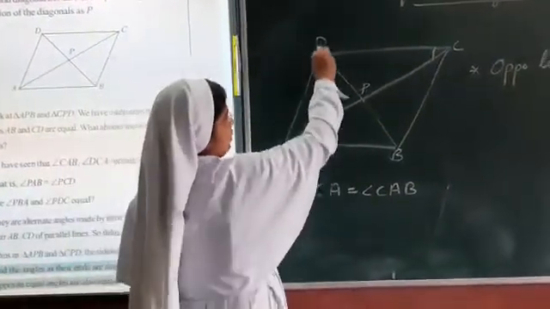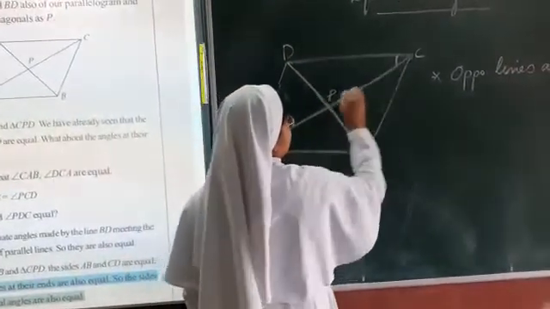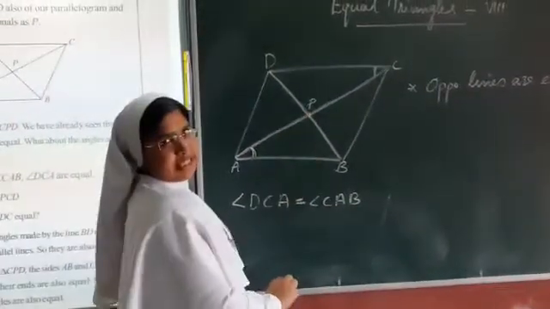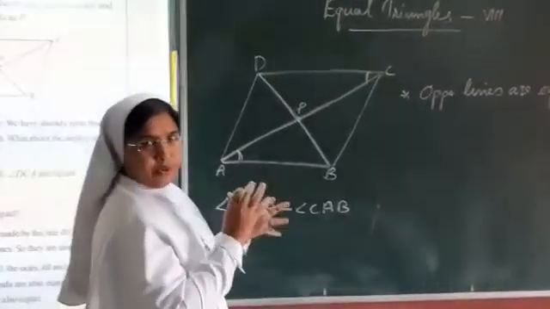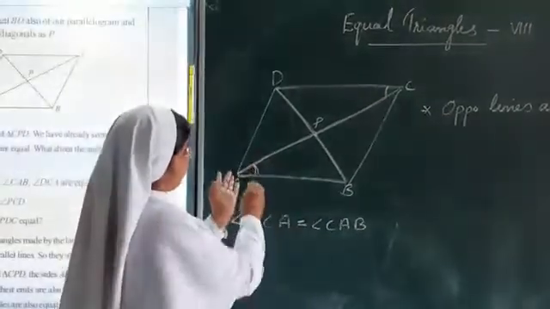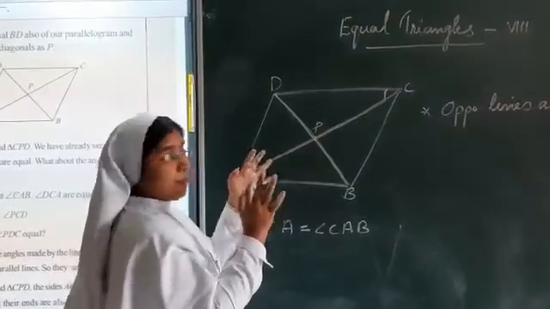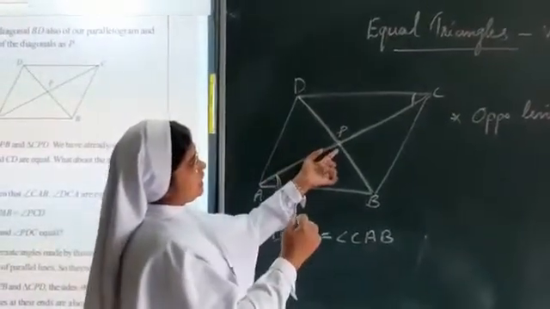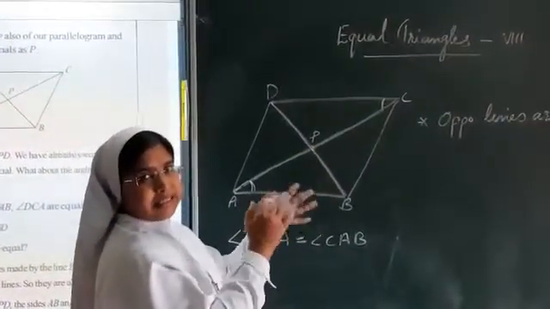Now you see here, the two diagonals intersect at a midpoint. What is the midpoint here? That is P. Another principle is that in the parallelogram, the two diagonals intersect at a point, that is the midpoint, which means they bisect each other.